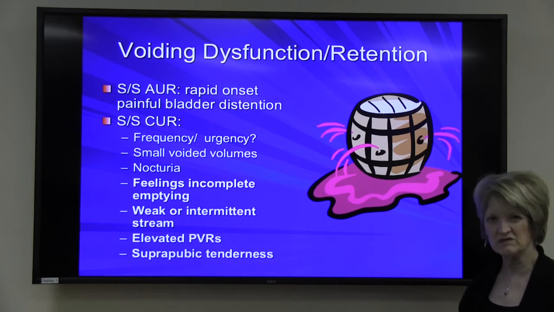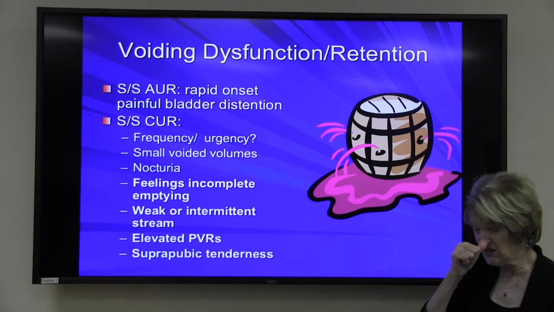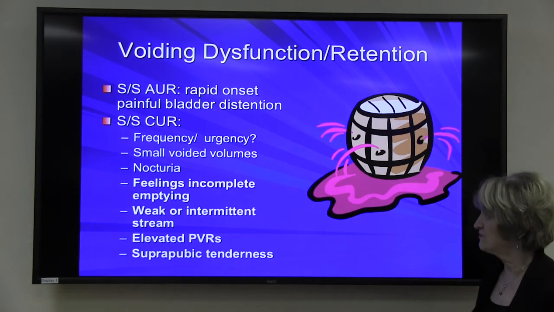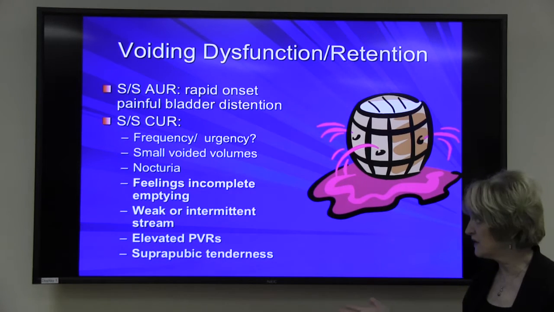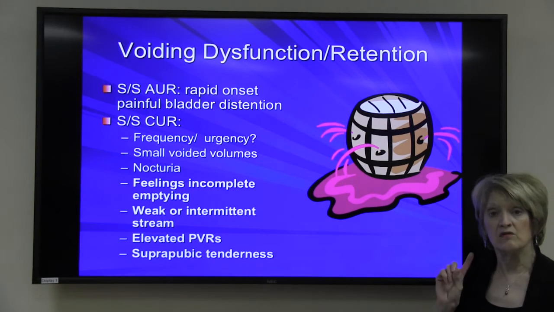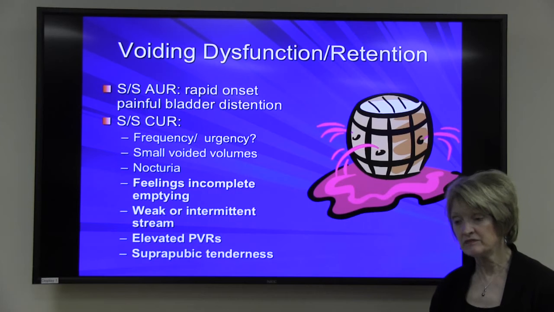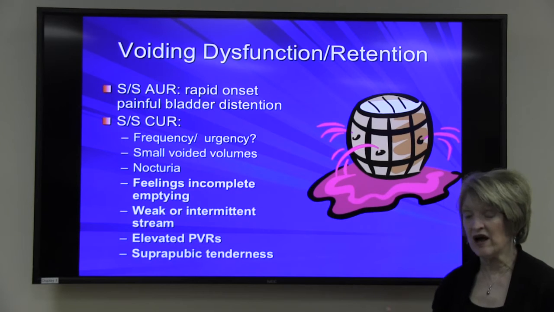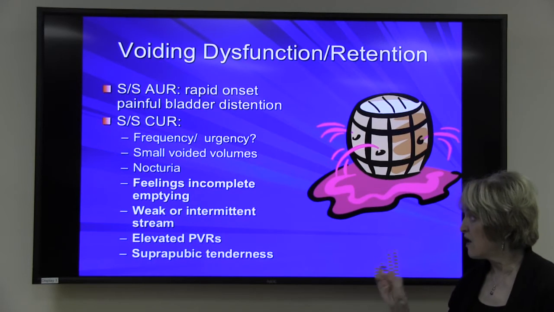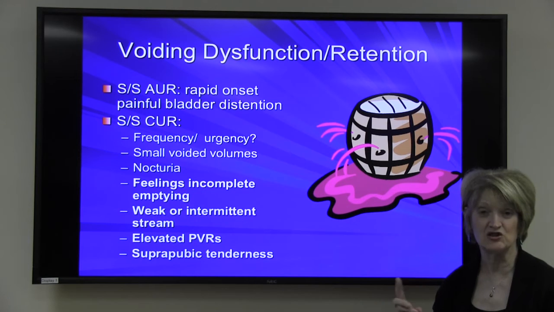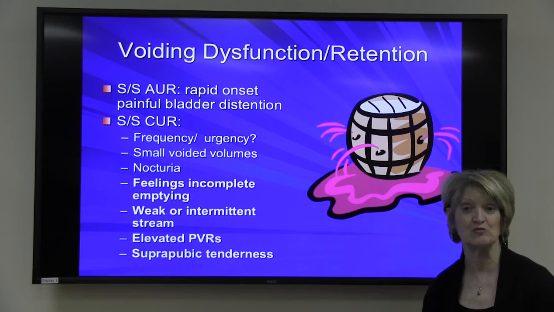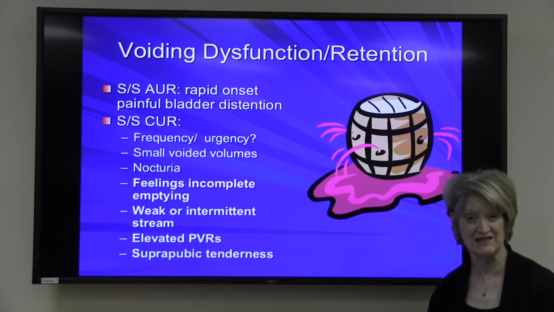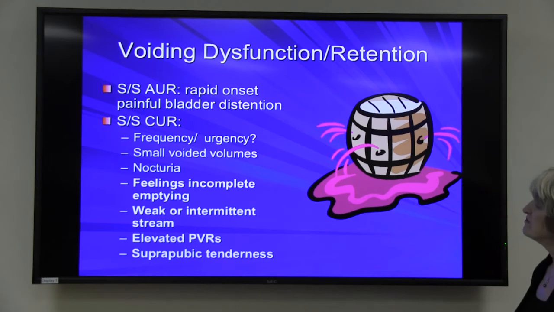Small voided volumes, same thing, could be either retention or overactive bladder. Nocturia, same thing. With retention, the reason you have frequency, small voided volumes and nocturia is because you never empty. With overactive bladder, you have it because your bladder is unable to store normal volumes. So it produces the same picture for different reasons.